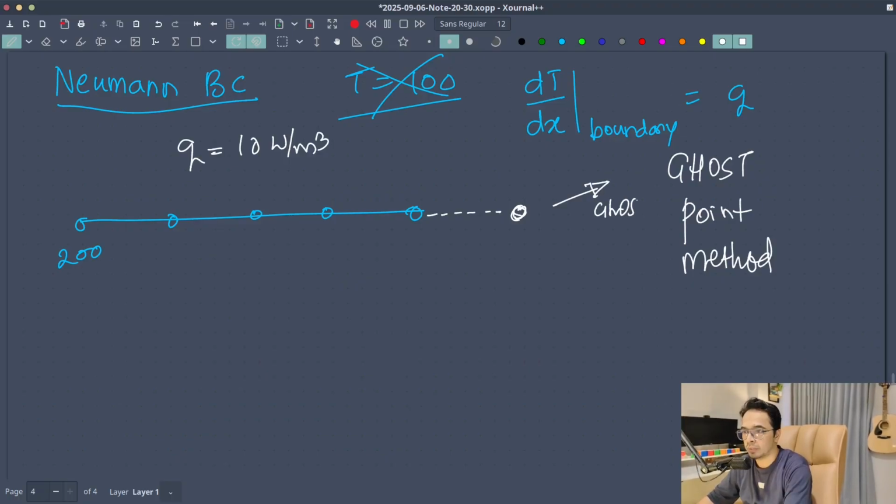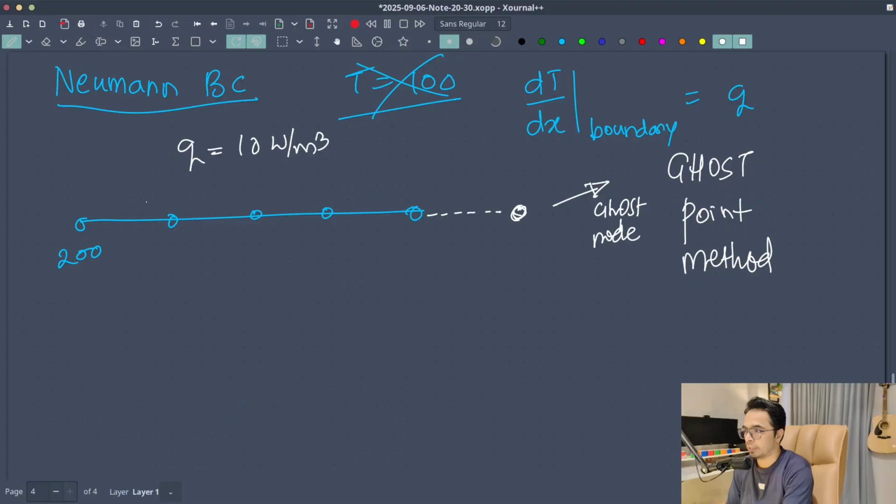A ghost node which will not be a part of the physical domain, but only the computational domain, which we will eliminate later on. We'll introduce it, we'll calculate, we'll eliminate it, so that we can use it as a walking stick, if you may, for getting us to the final solution, as a support.